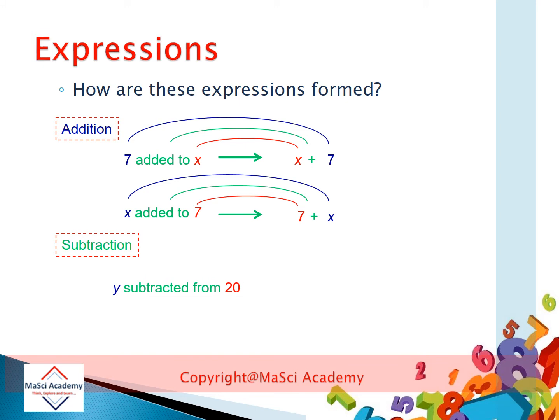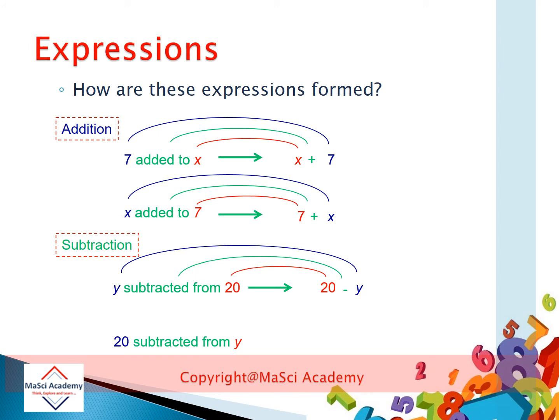For example, the phrase is y subtracted from 20. Using the rainbow technique, this would be decoded as 20 minus y. In similar manner, 20 subtracted from y would be decoded as y minus 20.